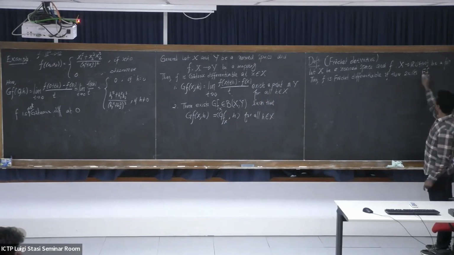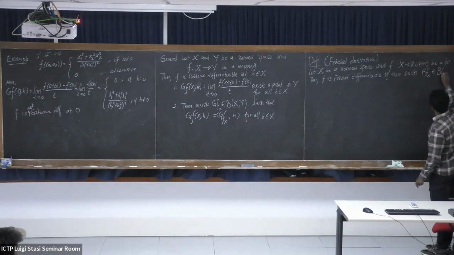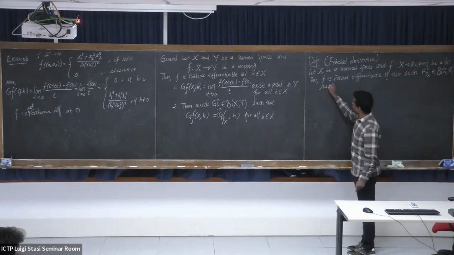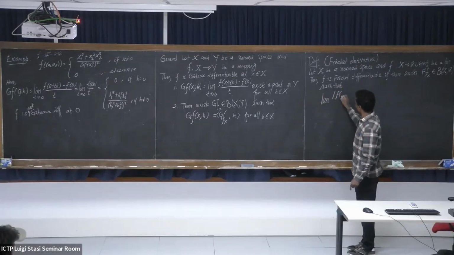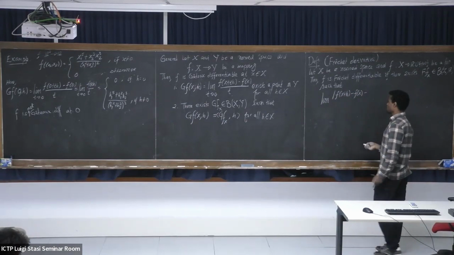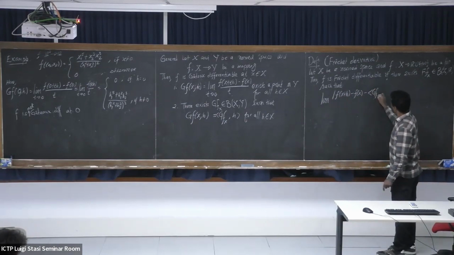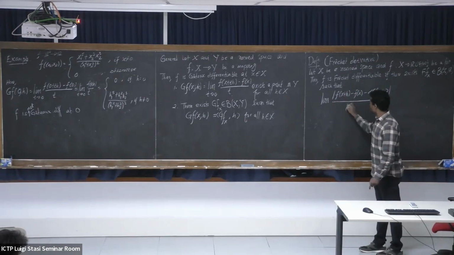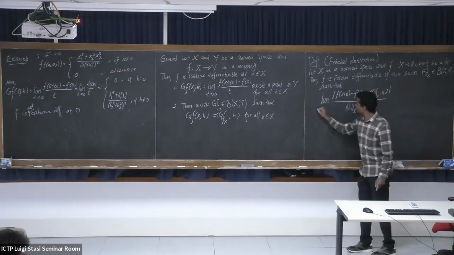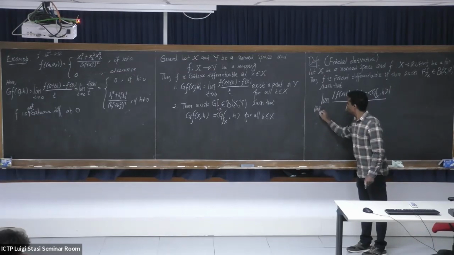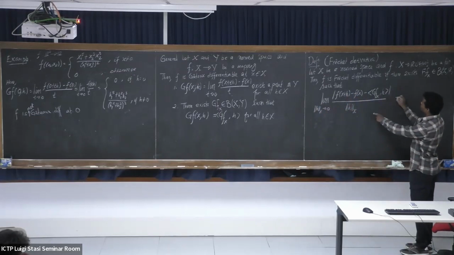If you can find this one, which is a bounded linear function, such that the limit of f of x plus h minus f of x minus this value at h, over the norm of h, where the norm of h goes to 0, is 0.